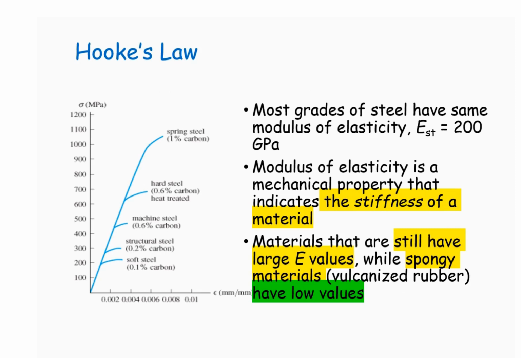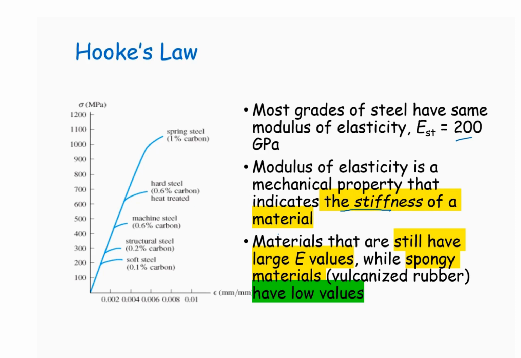Most grades of steel have quite the same value of modulus of elasticity. Most steel types have an MOE value equal to 200 gigapascal. If you can still recall, how do we define a modulus? We can define modulus as a mechanical property that indicates the stiffness of a material. So it measures elastic deformation.